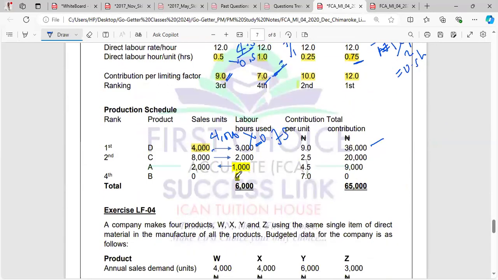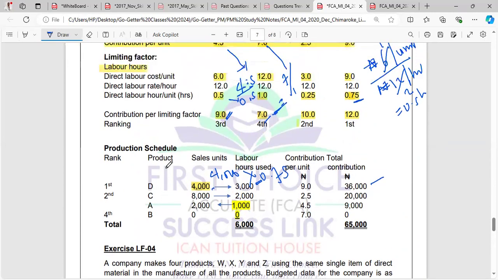So what it means is that 6,000, 3,000 has gone, 3,000 is remaining. If you are to satisfy the whole of 8,000, can you satisfy them all? Okay, so let's see. You will say 8,000 multiplied by how many hours per unit? 0.25. So let's see whether this answer will be more than 3,000.